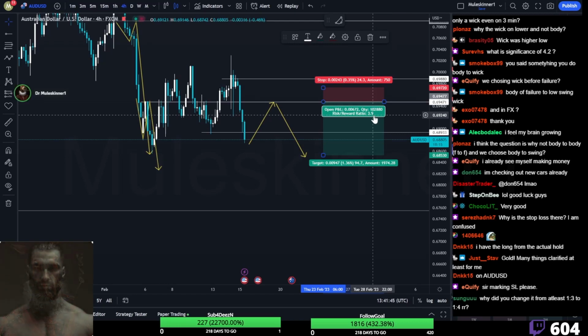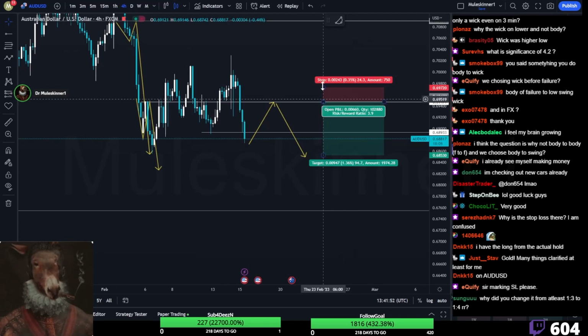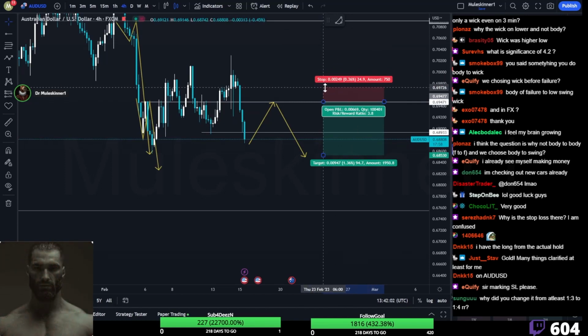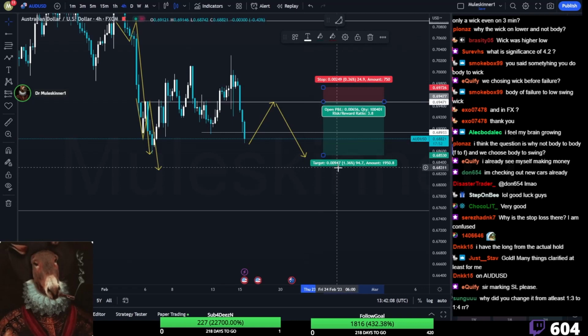Because until you have full risk to reward, you don't take the trade. So, process of elimination. If it was here, you wouldn't take the trade, so don't worry about it. The only way you would take the trade is if the stop loss was here. Does that make sense? That's why the stop loss is here, because that's the only way you take the trade.